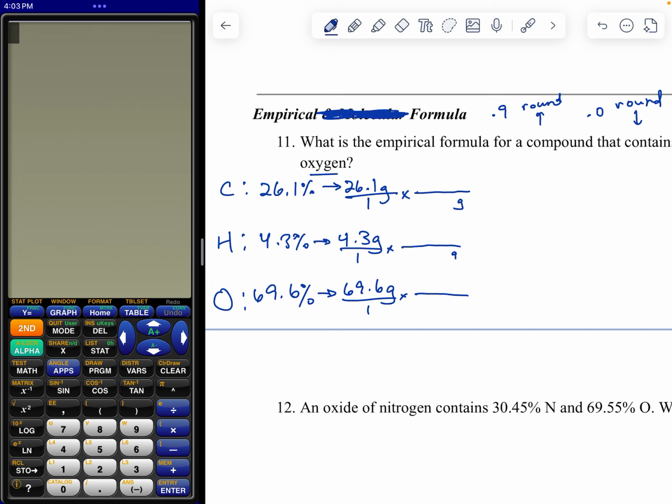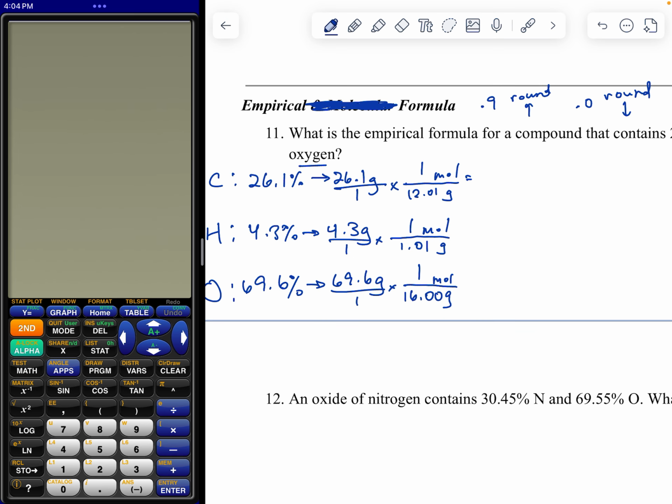Grams go on the bottom to cancel out, moles on top. And we know that all molar masses are equivalent to 1 mole of that substance. There we go. Now we just have to find the molar mass of each individual element. C is 12.01, H 1.01, and oxygen 16.